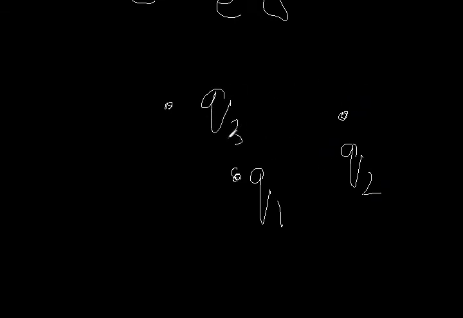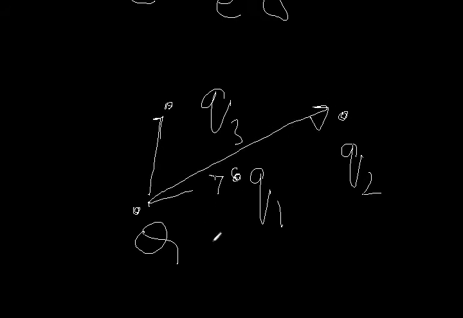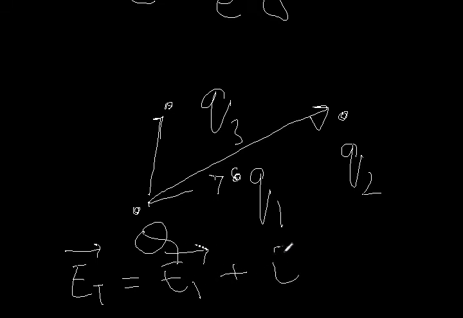Now what I will do is try to learn how they interact with this mother charge, Q. So I will have an intensity due to this charge here, due to this charge here, and due to this charge here. So all I do to find the total intensity of the field is to add these intensities together, and that too vectorially. So I add them E1 plus E2 plus E3.